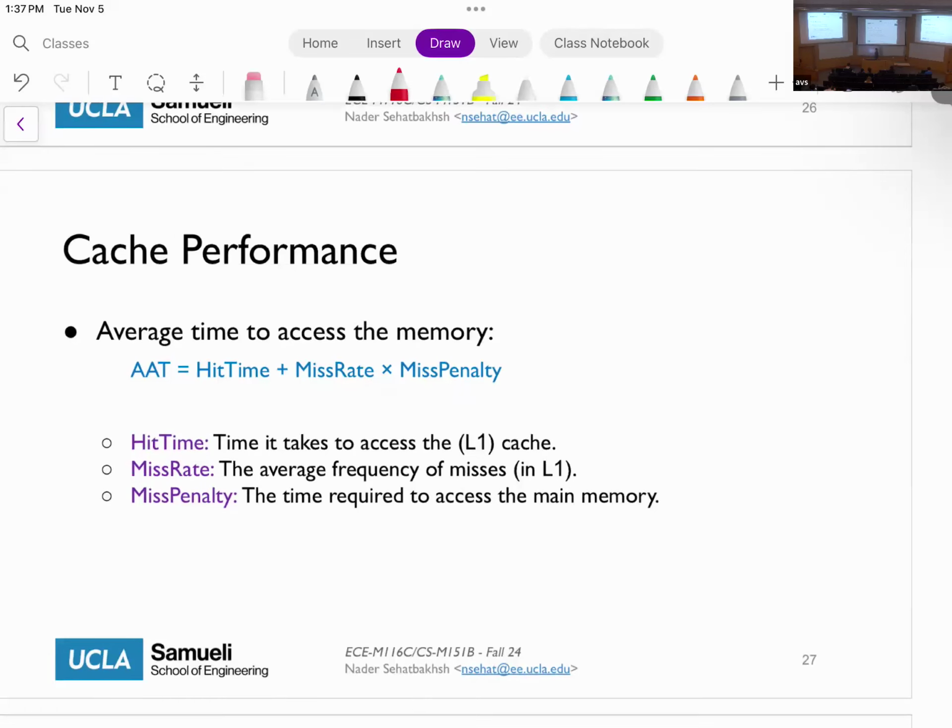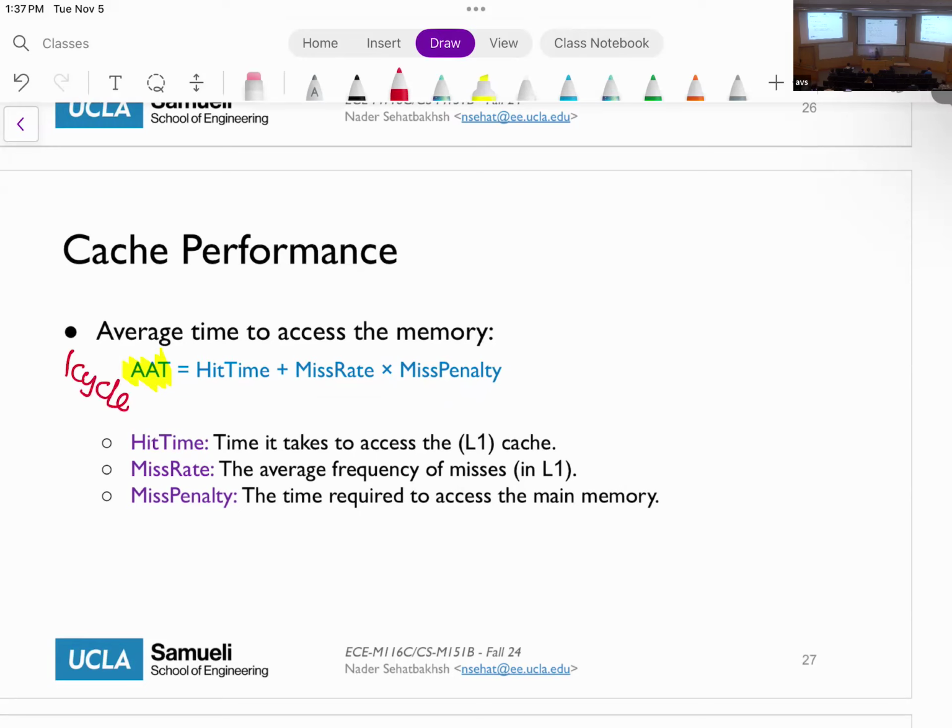How do we measure that? We measure that through this formula called average access time, or AAT, okay? So the average access time is what we really care about. We want our average access time to the cache to be as small as possible. Ideally, we want this to be one cycle, okay?